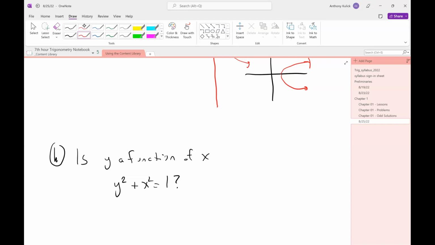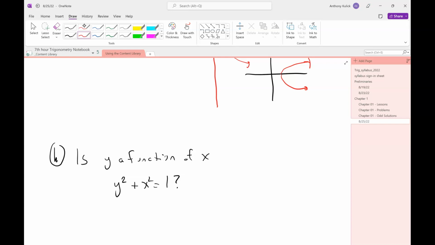What do you want to do to try to figure this out? Can we tell just by looking at it? If your answer is, I can't tell by looking at it, what should you do?